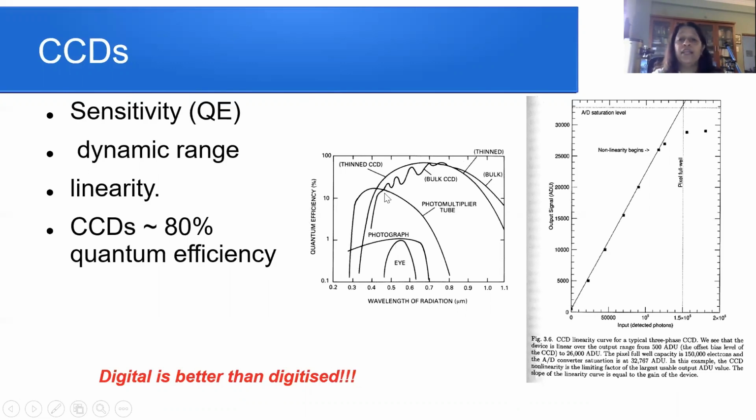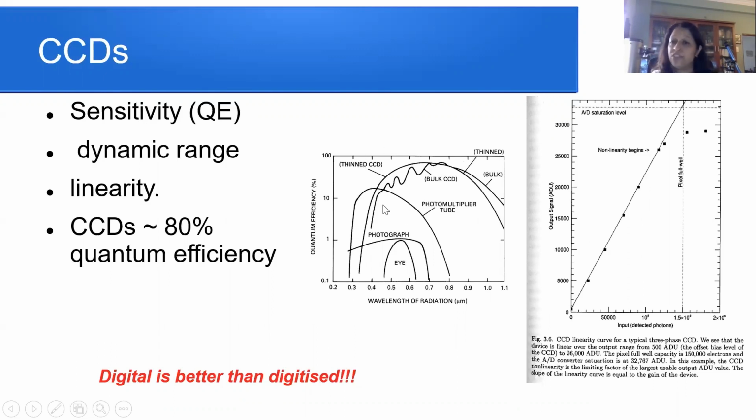With a photomultiplier tube, you're improving it, and as you go on to CCDs, you're achieving about 80% or more. That is, 80 of the 100 photons which fall on it are actually detected by your CCD. That's what's called the sensitivity or the quantum efficiency.